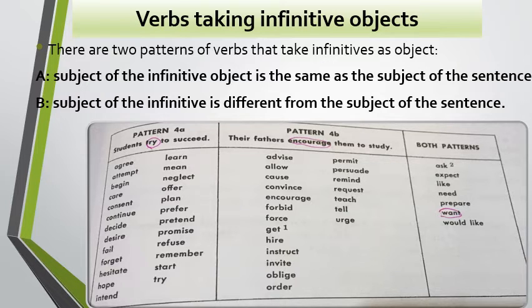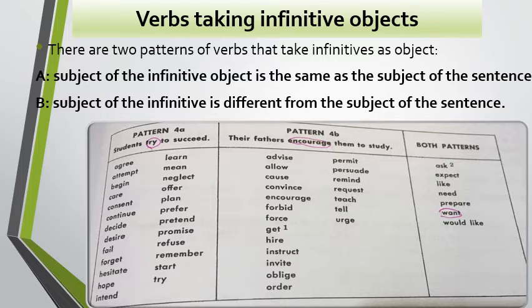Try is one of the verbs which has the same subject as the infinitive. Students try to succeed. Who wants to succeed? It's the students. In this case, to succeed, does it have a subject? Why does it have a subject? Because its subject is the same as the subject of the main sentence.